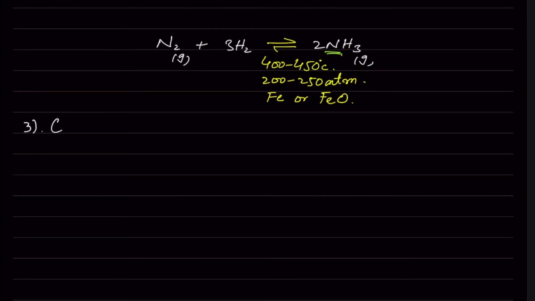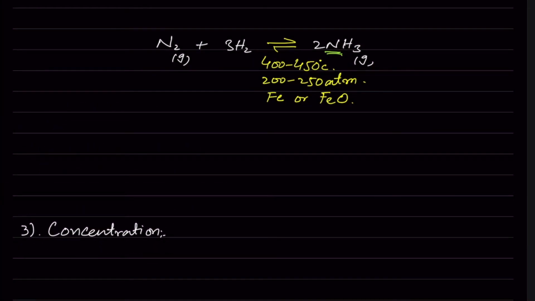Now, the third factor is concentration. How can concentration affect the position of equilibrium? This you have already learned at the start when I gave you the introduction on how equilibrium is established and what dynamic equilibrium is.